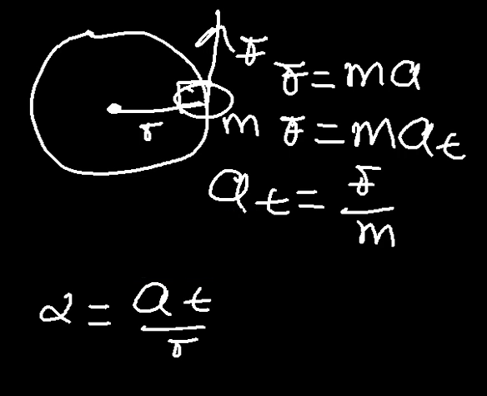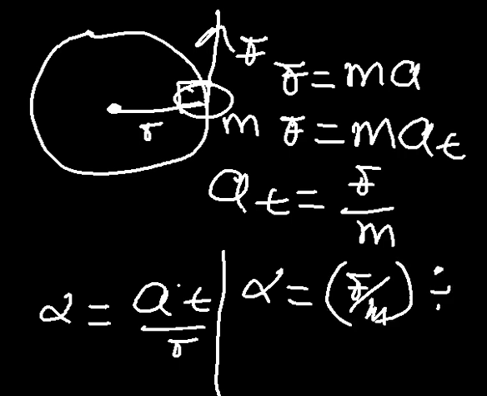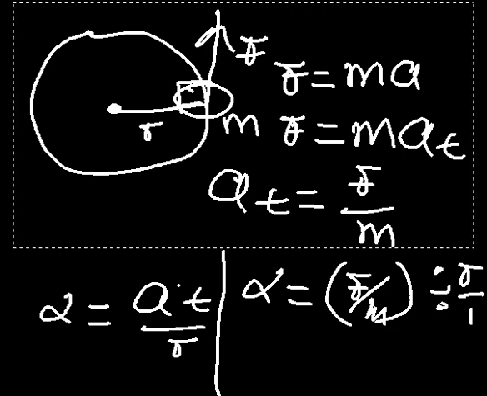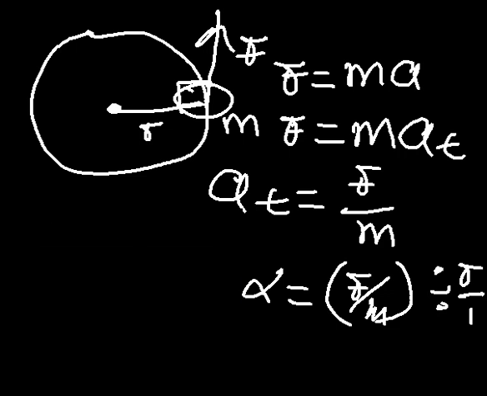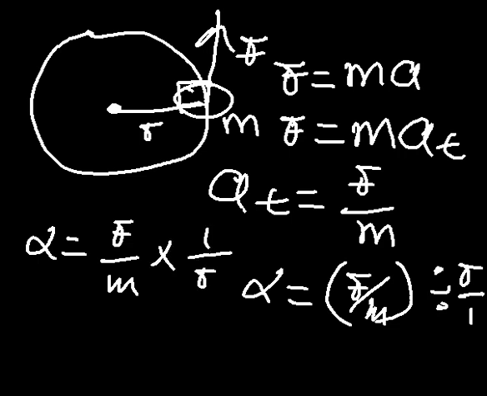Now we just have to substitute for the tangential acceleration, which means we'll have the angular acceleration being given as force over mass, overall divided by the radius. So the angular acceleration is force over mass times 1 over r.